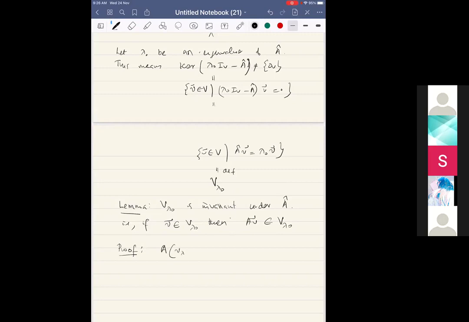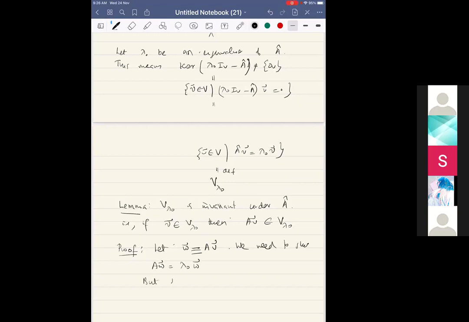V lambda, sorry. Let W equals AB. So this is a definition of W. We need to show AW is equal to lambda 0 W. That is what the lemma says.